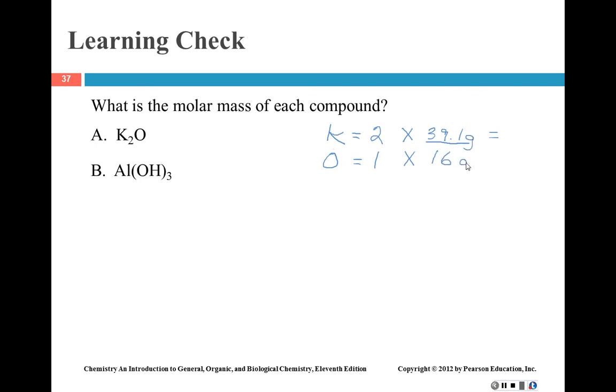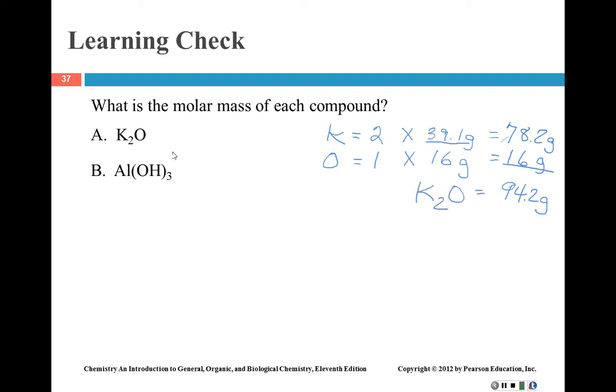So I have to say 39.1 times 2, which is 78.2 grams, and then 16 grams. When I add those together, I get 94.2 grams. So that's what I'm getting for K2O.